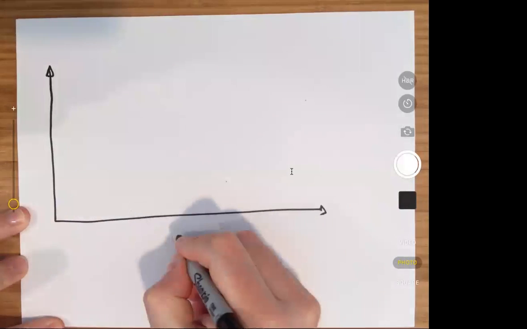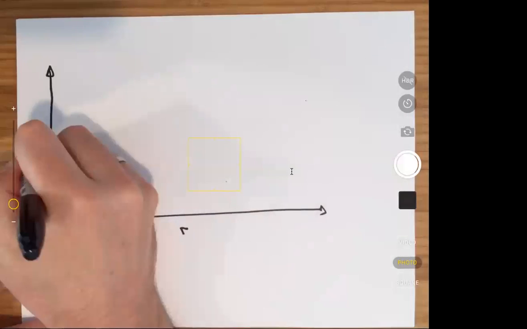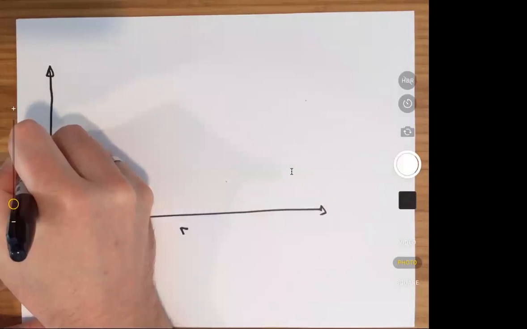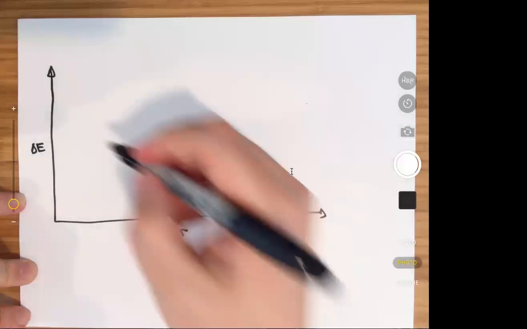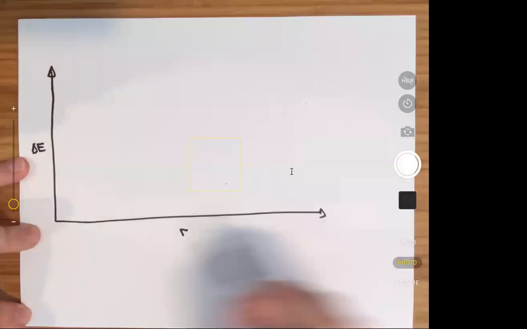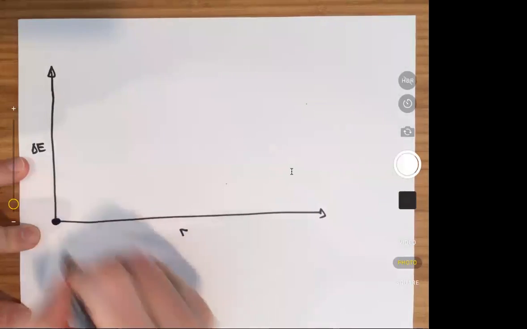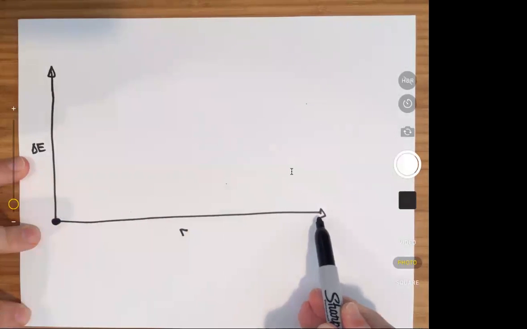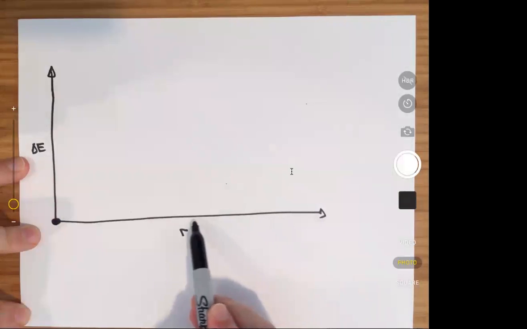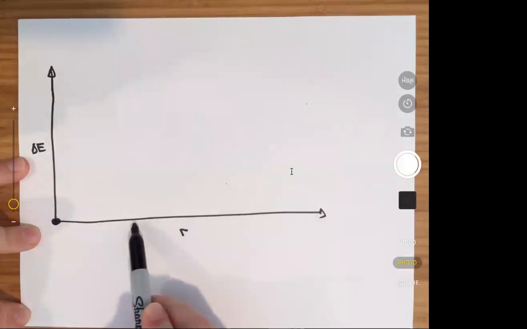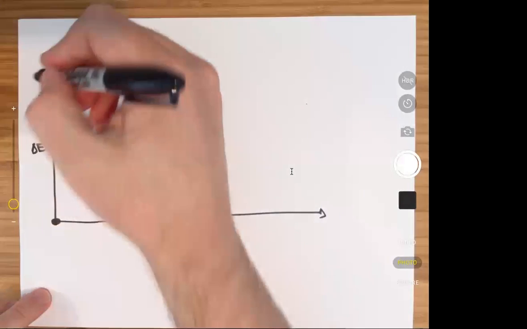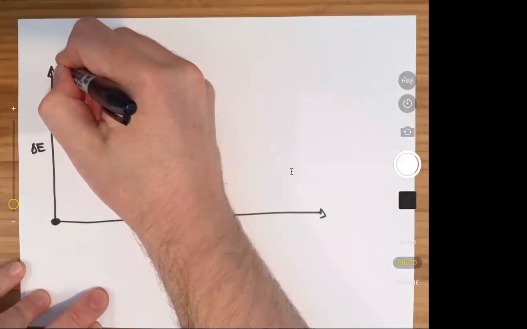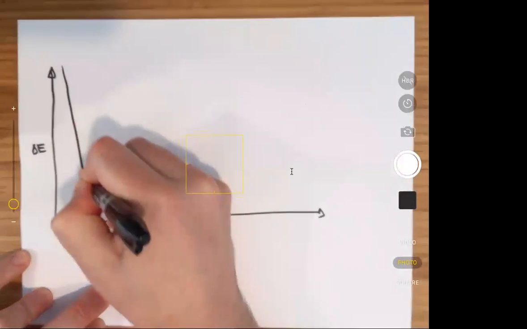Let's say this is distance r, and this is the delta energy. Classically, let's say one atom sits at this zero point, and as you move another atom in, you lower the energy when you get to the bonding distance, before the energy rises again due to repulsion of the nuclei. So the classical Lennard-Jones potential looks something like this.